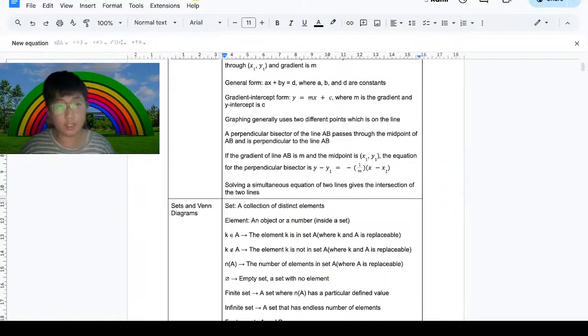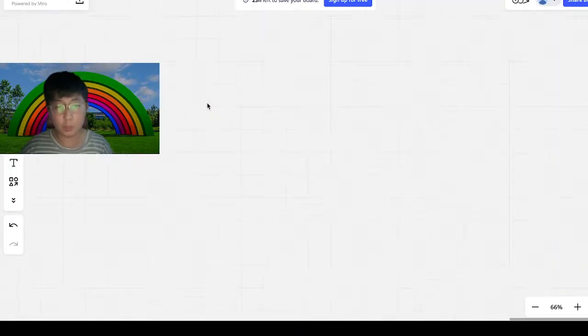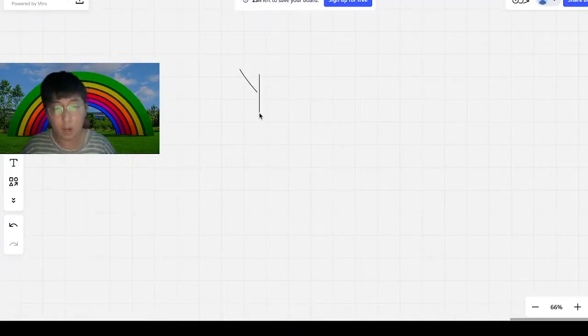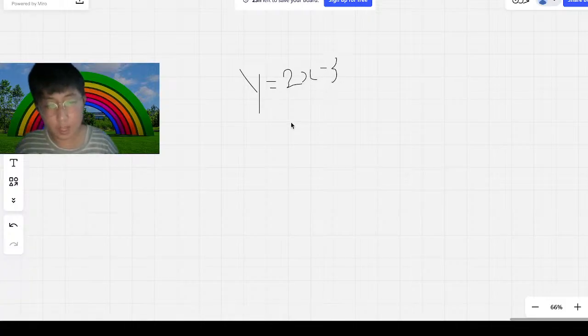And then we have solving a simultaneous equation of two lines. Let's say we had two lines, y equals 2x minus 3, and y equals negative x plus 3.